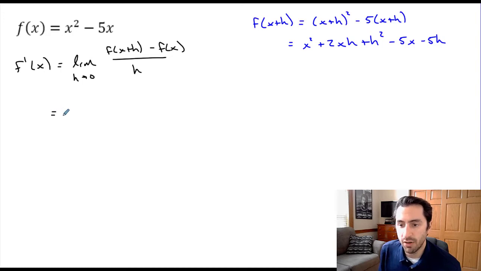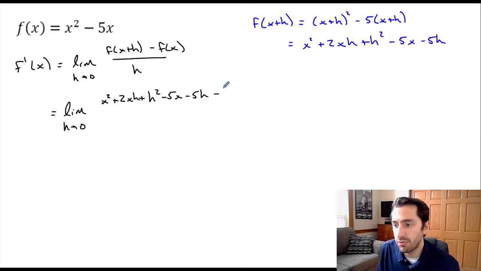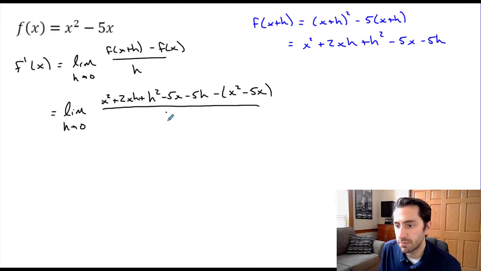So now we have our limit as h approaches 0. So f of x plus h is that big long expression we just found. And then from that, we're going to subtract our original function. So we're going to subtract x squared minus 5x. And this entire thing is all over h. So we do have some things that are going to cancel out in that numerator.